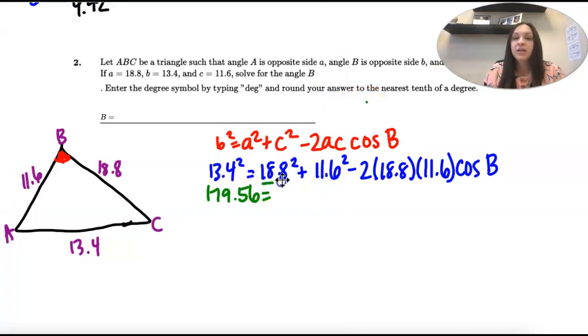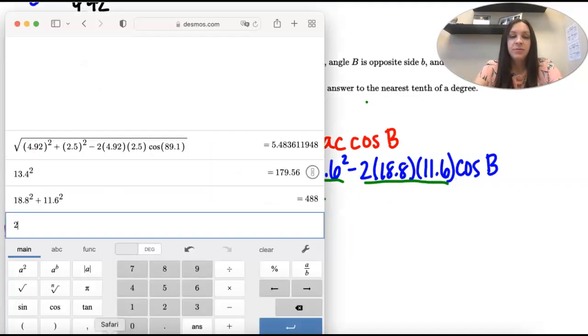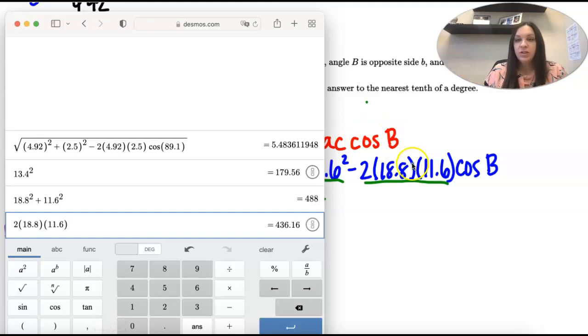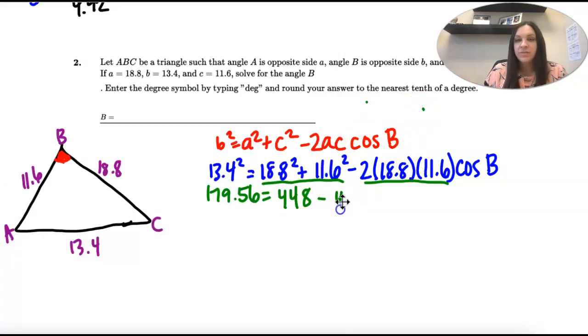So right here is 448. That worked out nicely. Minus, now I'm going to multiply this, 2 times 18.8 times 11.6, which is 436.16 times cosine of B.